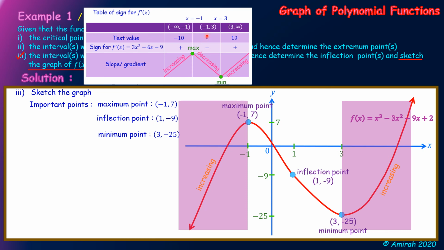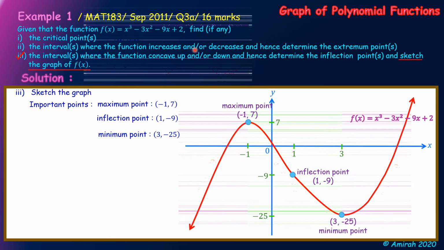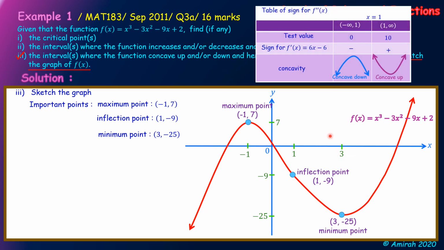And then the graph is decreasing in interval -1 to 3 here. So the graph tallies with the table of sign for f prime x for increasing and decreasing. And then increasing in interval 3 to infinity.